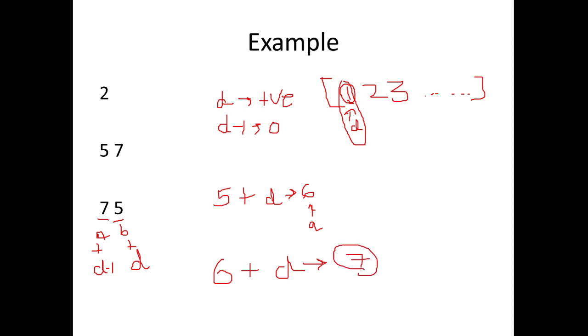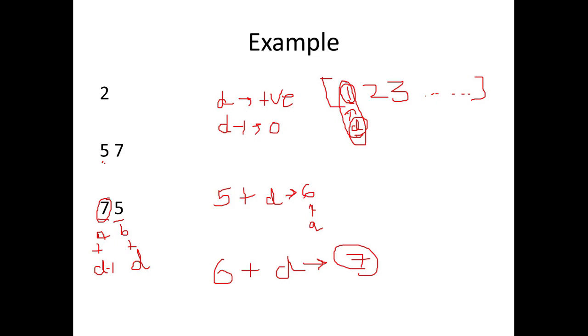So from here it is clear that for any two numbers where one is smaller and the other is greater, like the first example 5 and 7, we use d as 1 to make a equal to b.